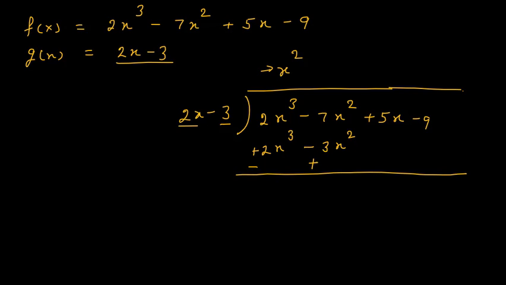So 2x cube minus 2x cube, I will get 0 here, and minus 7x square plus 3x square, I will get minus 4x square. Then I will bring down this 5x and minus 9. So I can write here plus 5x, and I will bring this 9 also.